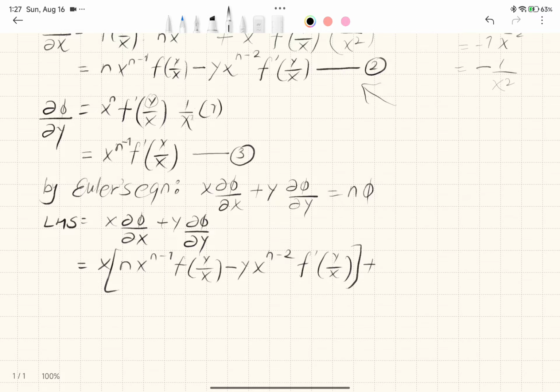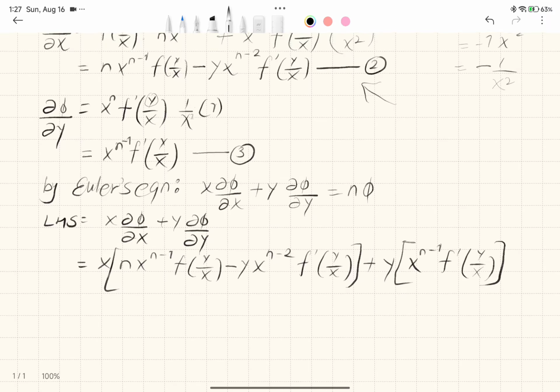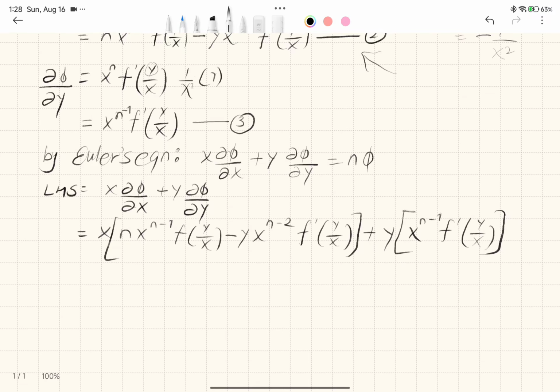Now the second term is y times, let's put a big bracket, x raised to the power n minus 1 f prime of y over x. That's our partial differentiation with respect to x and y. Let's solve it.